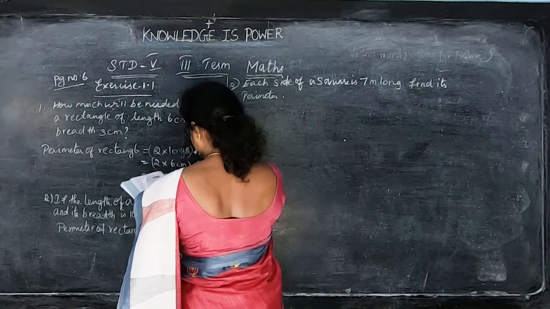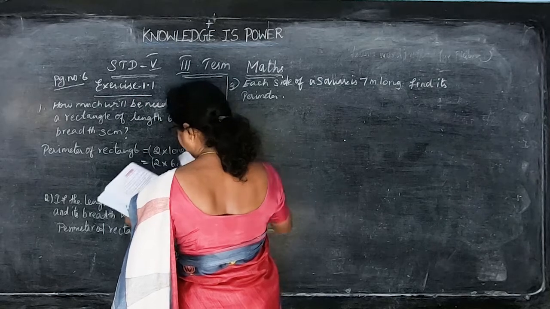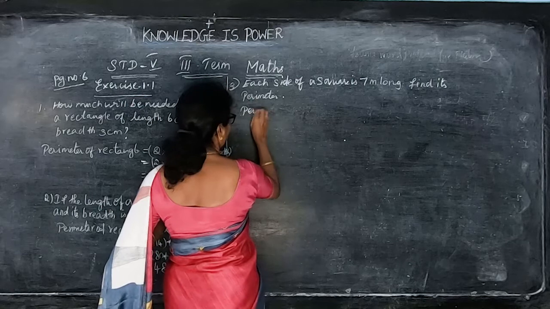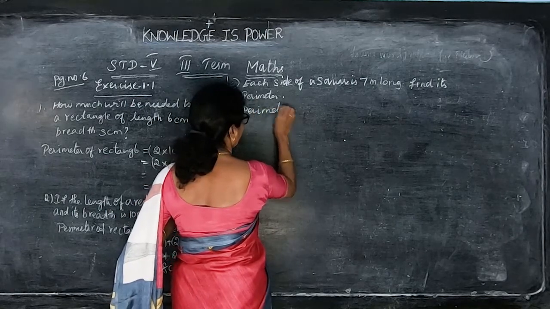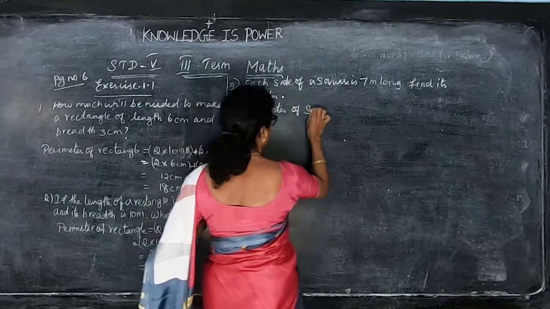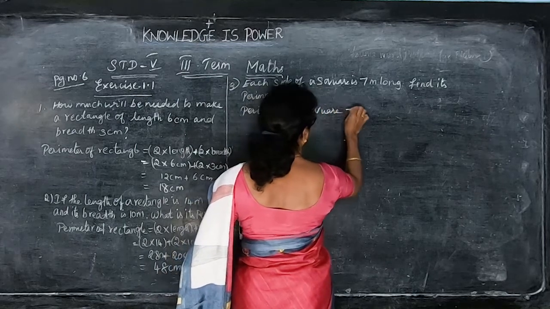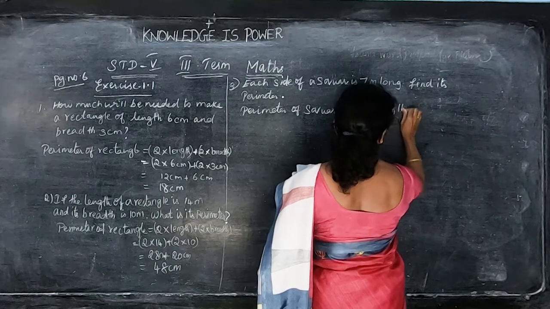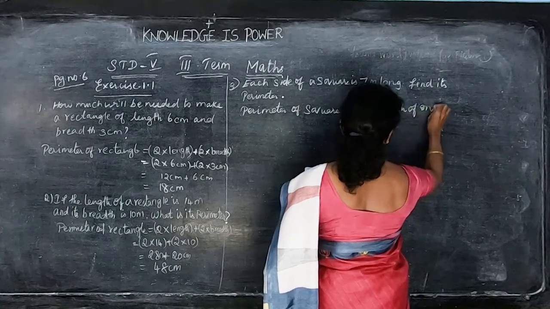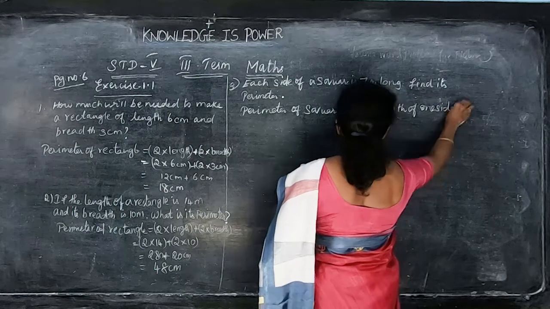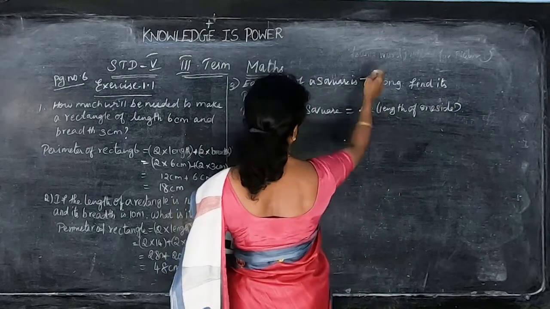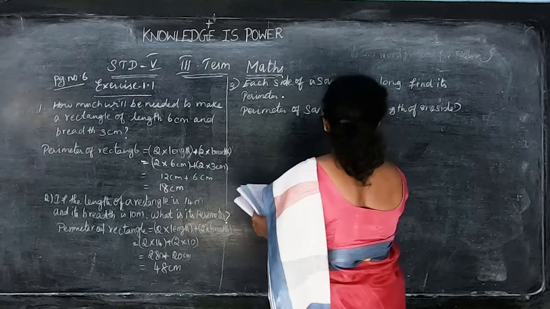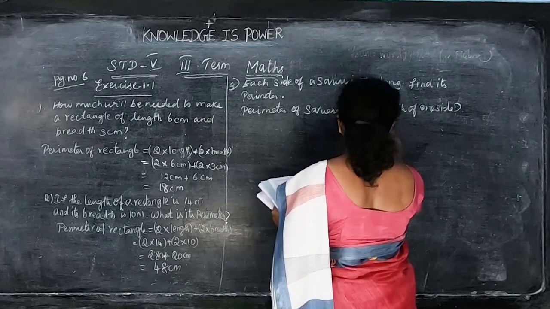So perimeter of a square, you can write perimeter of square, that is equal to 4 into length of one side. How much have they given on one side? One side is equal to 7 meter long. That is equal to 4 into 7. That is equal to 28 meter.